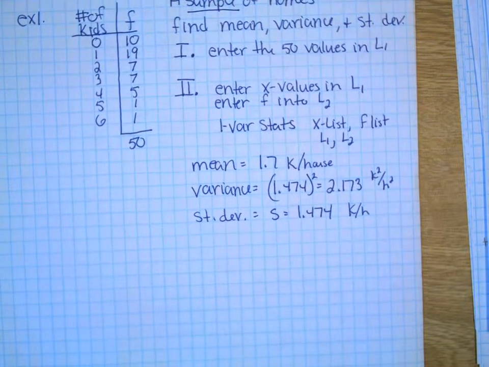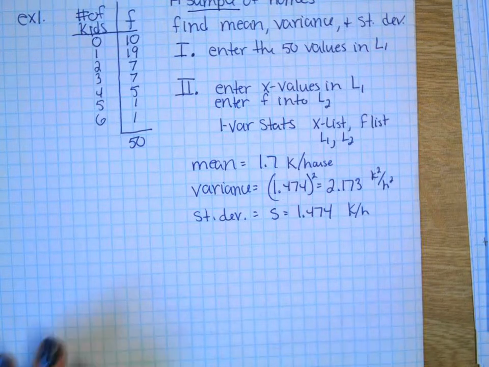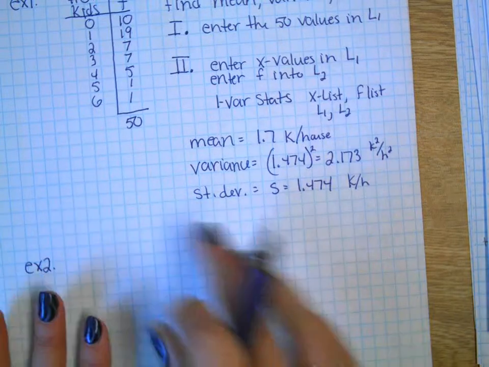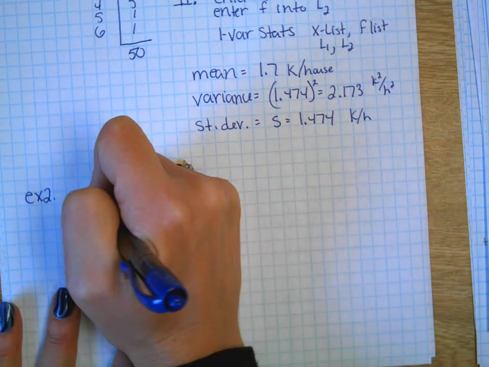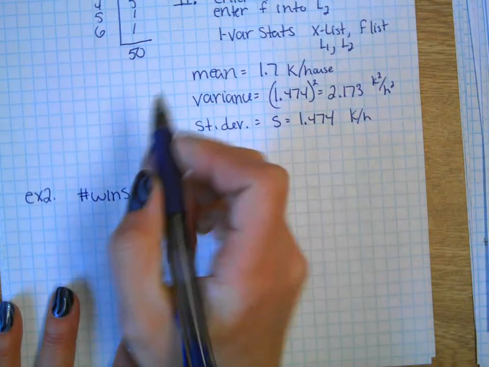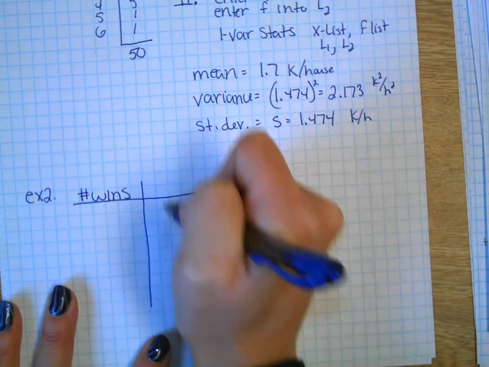All right, so that's grouped data. Let's see, what else do I have here? Oh, this one. One more grouped data. Okay, the wins. Number of wins, and the frequency.